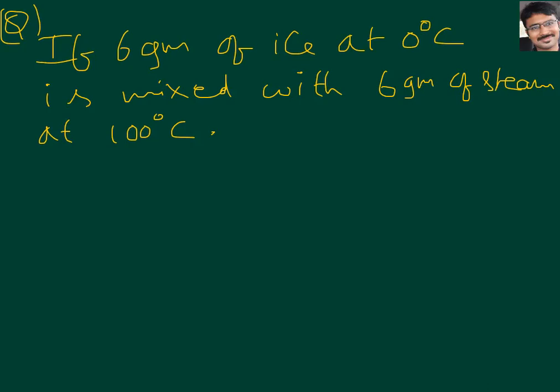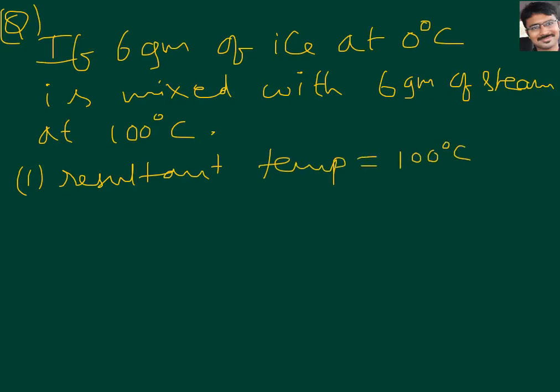So now no need to solve it all over again. The first question is the resultant temperature. Simply we can write the resultant temperature is 100 degrees centigrade. And how much mass of steam condensed? Steam condensed mass is m by 3.